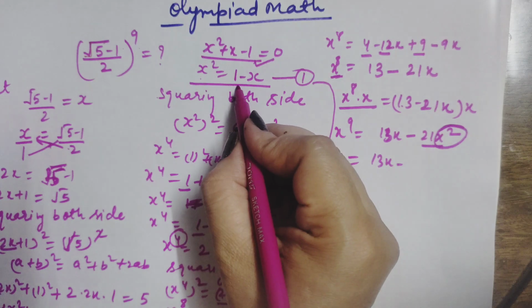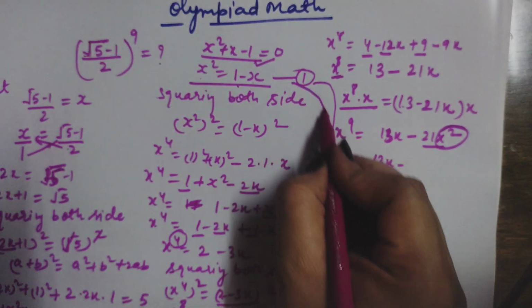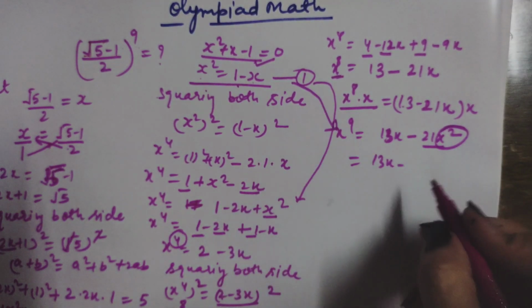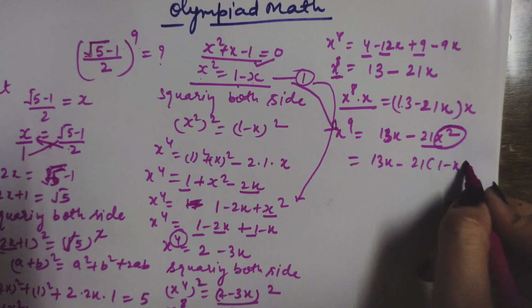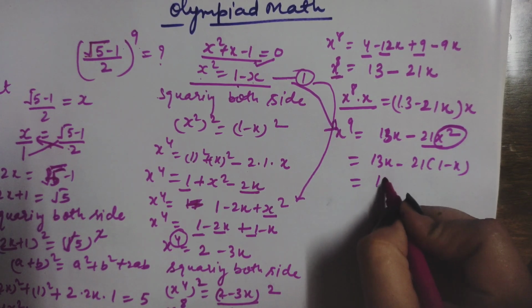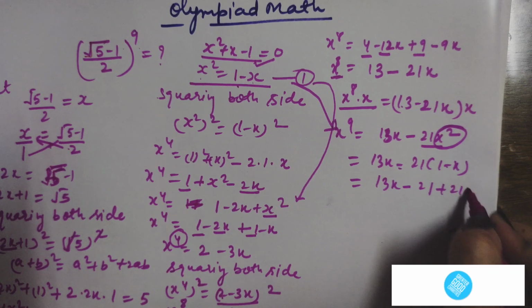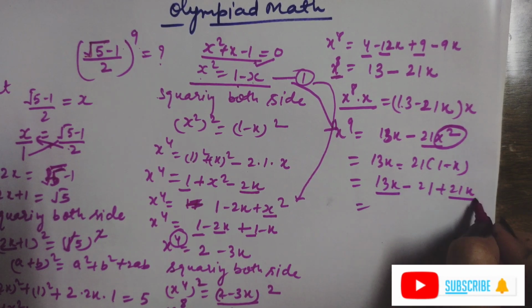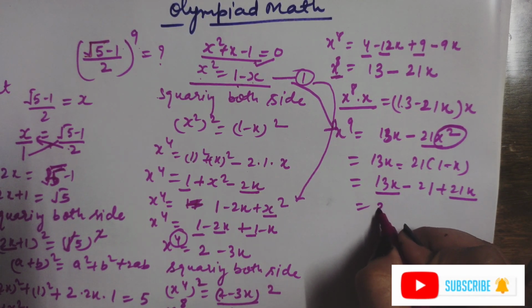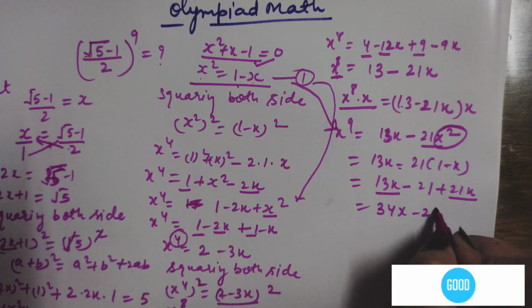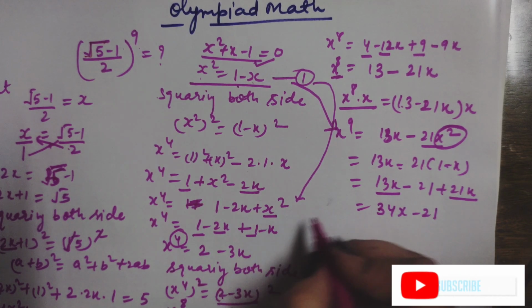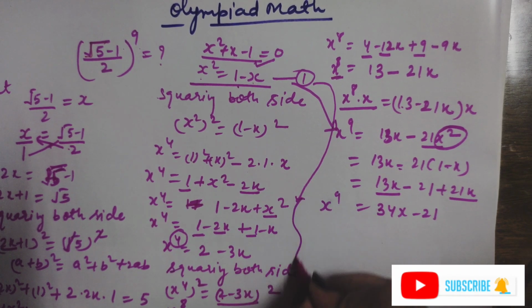This x square value is 1 minus x, again from this equation. So we will put here the x square value, 21 times (1 minus x), so that our question is easy. So minus 21 and plus 21x. So 13x plus 21x is 34x minus 21. Okay, and the left hand side is as it is, x power 9.